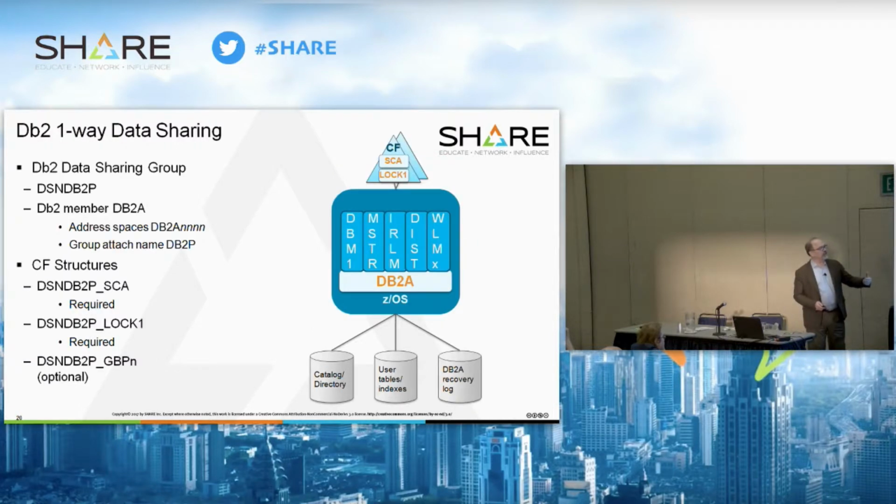So when I go to one-way data sharing, I hopefully go through the install panels, and what ends up happening is I'm going to create new procs that are going to behave differently than the old procs. You don't have to change the subsystem name, but I like doing that. So when I go to one-way data sharing, I'm going to call my member DB2A.